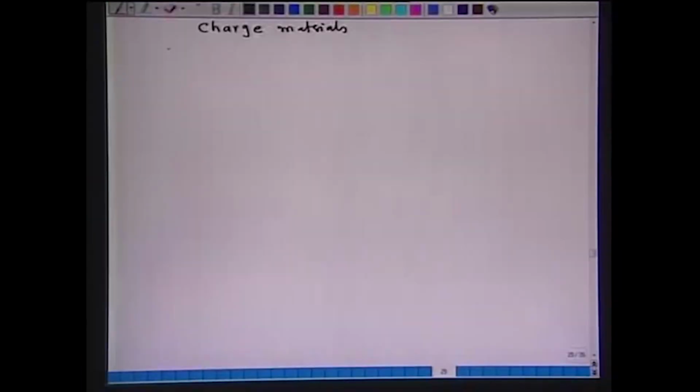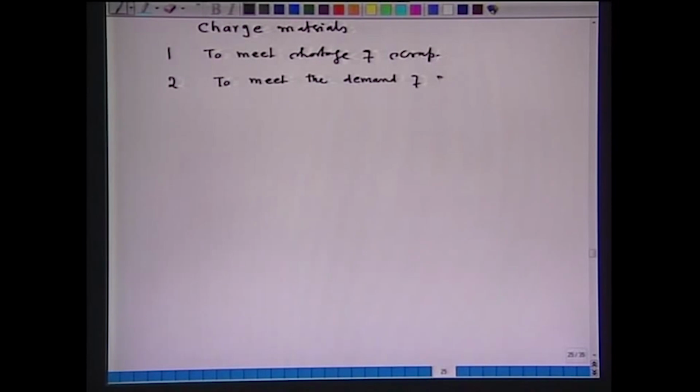Now, the reasons for development of alternative charged material are: one, to meet shortage of scrap, and two, to meet the demand of quality steels. What does it mean?